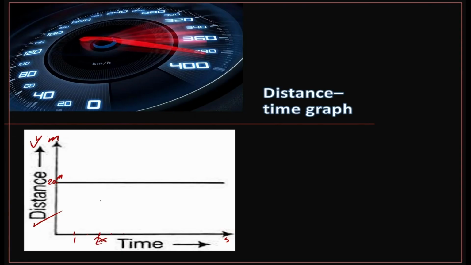After 2 seconds, the distance is 20 meters. After 3 seconds, the distance is 20 meters. So as time passes, the distance remains the same. This means the object here is a stationary object, or an object at rest.